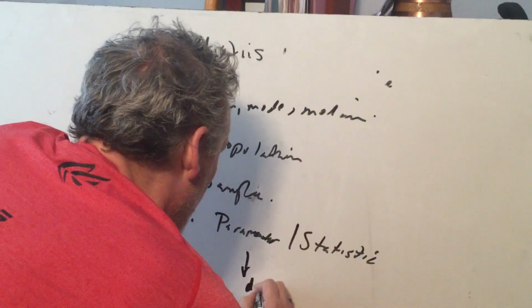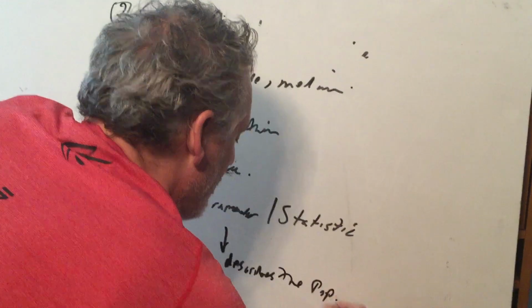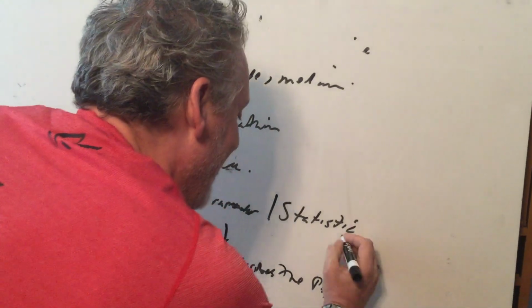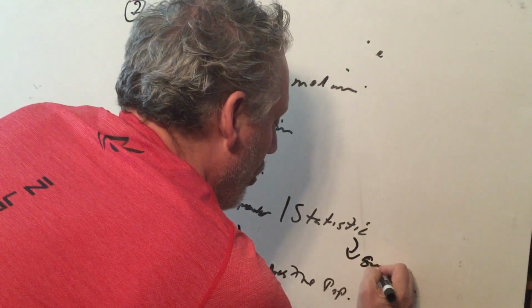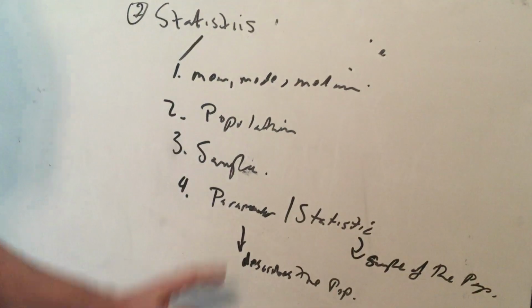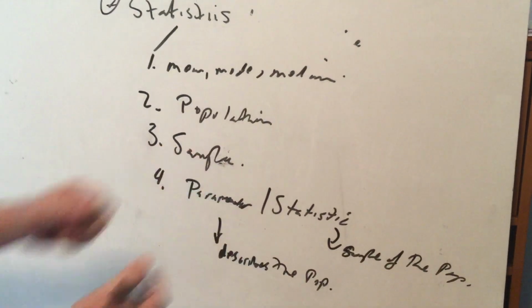The parameter describes the population, where a statistic is a sample of the population. Got it? Parameter describes the whole population. Statistic is a sample of the population.